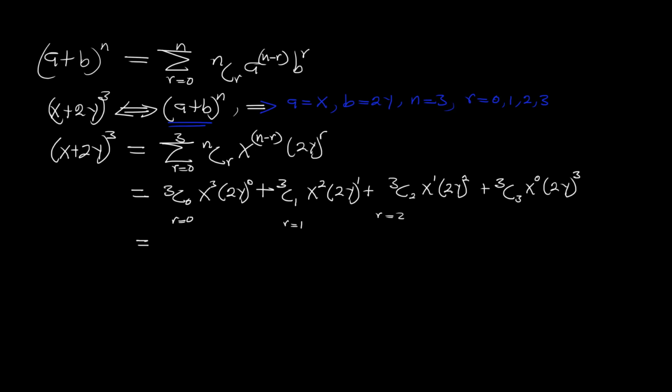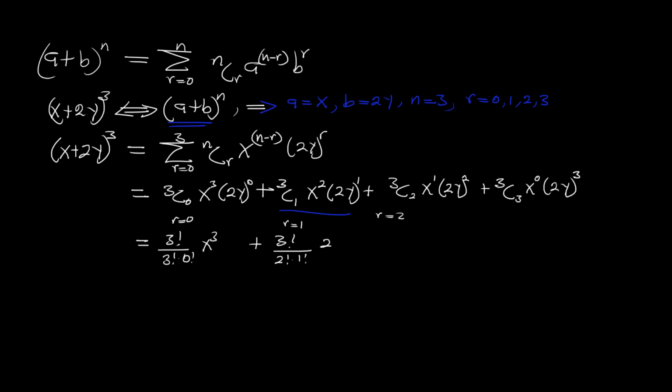So on evaluating, we have 3 factorial over (3 minus 0) factorial times 0 factorial times x raised to the power 3. (2y) raised to the power 0 is 1, plus this term here, 3 factorial over (3 minus 1) factorial, which is 2 factorial times 1 factorial.